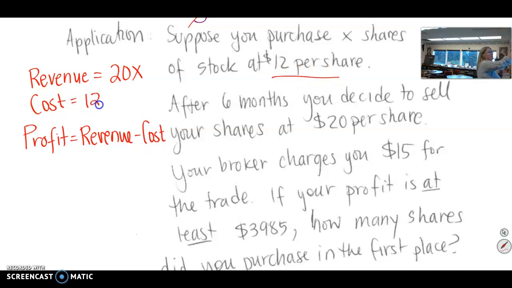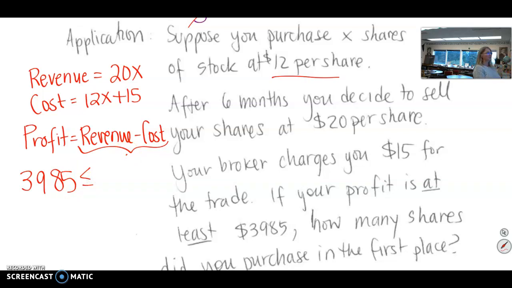So it's going to cost us 12x, and then it's also going to cost us $15 to pay the broker for making the transaction for us. So we want our profit, which we get by taking our revenue minus our cost, to be at least $3,985. We want our profit to be greater than or equal to that.